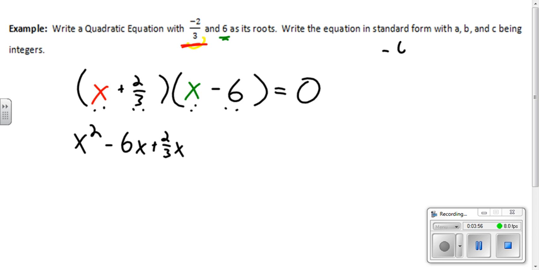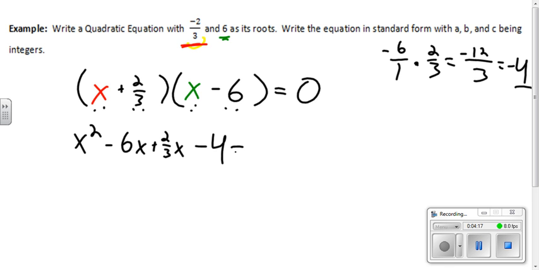If we've got -6 over 1, that's how you'd write -6 as a fraction, times 2/3, we go right across. -6 times 2 is -12. 1 times 3 is 3. -12 divided by 3 is -4. So we have a -4 at the end here. And again, that equals 0.